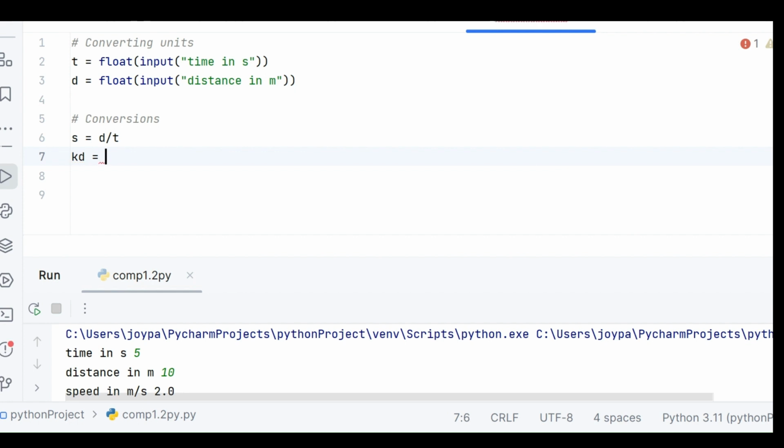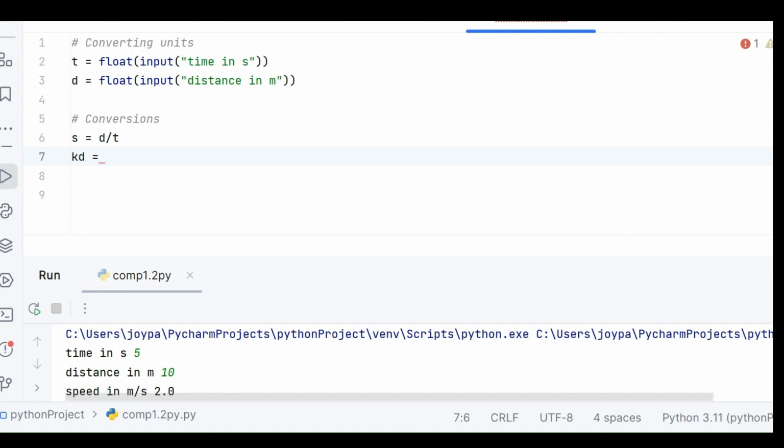Now, let's think about how we convert that. The quantity for converting distance from meters to kilometers is 1,000, because there are 1,000 meters in a kilometer.